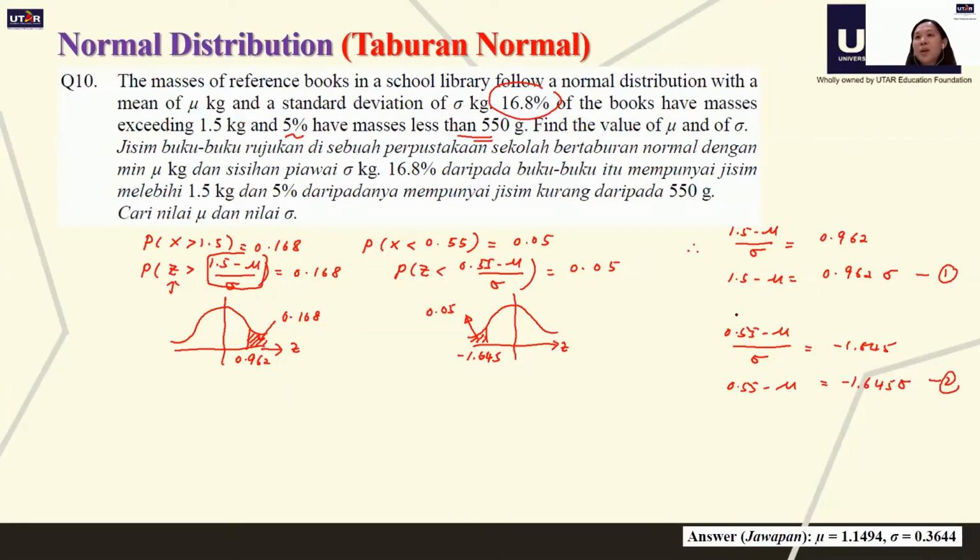Okay, so you have these two equations to be solved. I believe that you can just solve like simple simultaneous equations. For example, you take 1 minus the second equation, you have this as 0.95, the mu is being cancelled off. Then this part, you should have what?